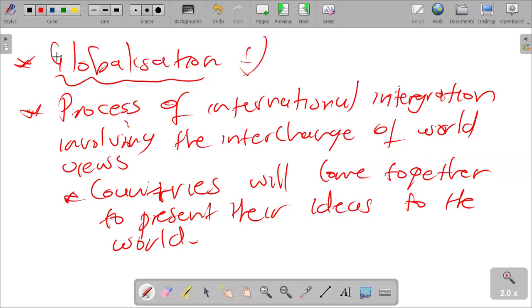That's what globalization is. It's when countries come together to present their ideas, their worldviews, to the world.